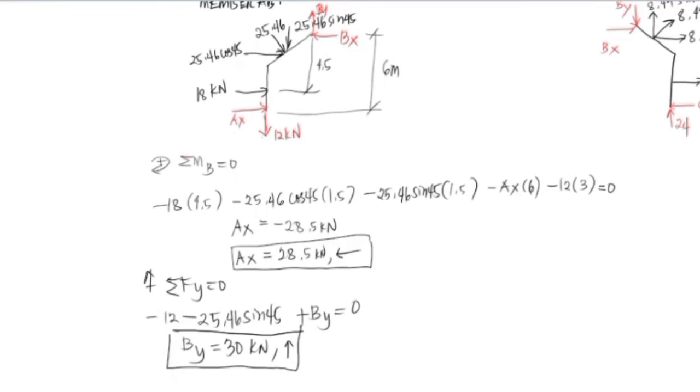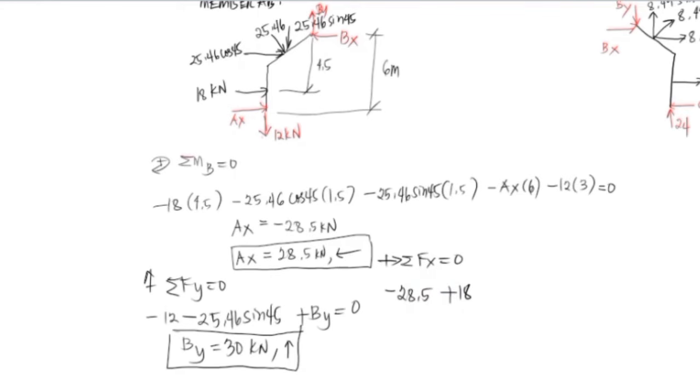Solving for the value of the BX, we have to summate forces horizontal is equal to 0, taking the direction to the right as positive. We have AX directed to the left, so that is negative 28.5 plus 18, since 18 is directed to the right.